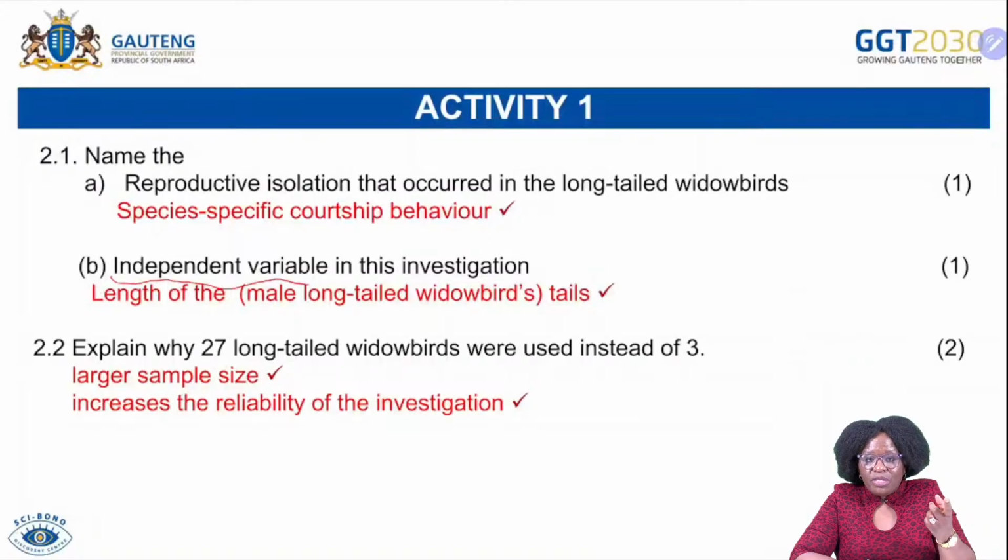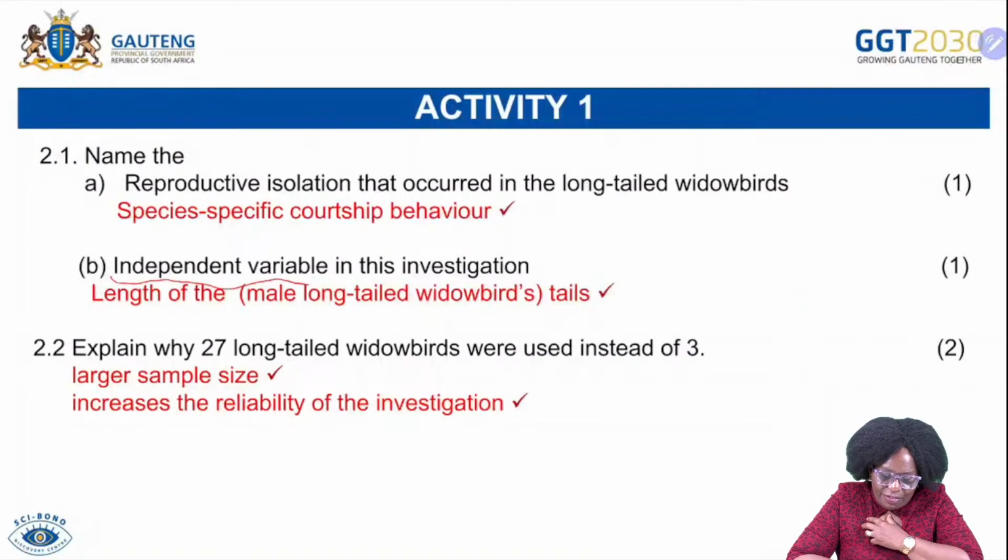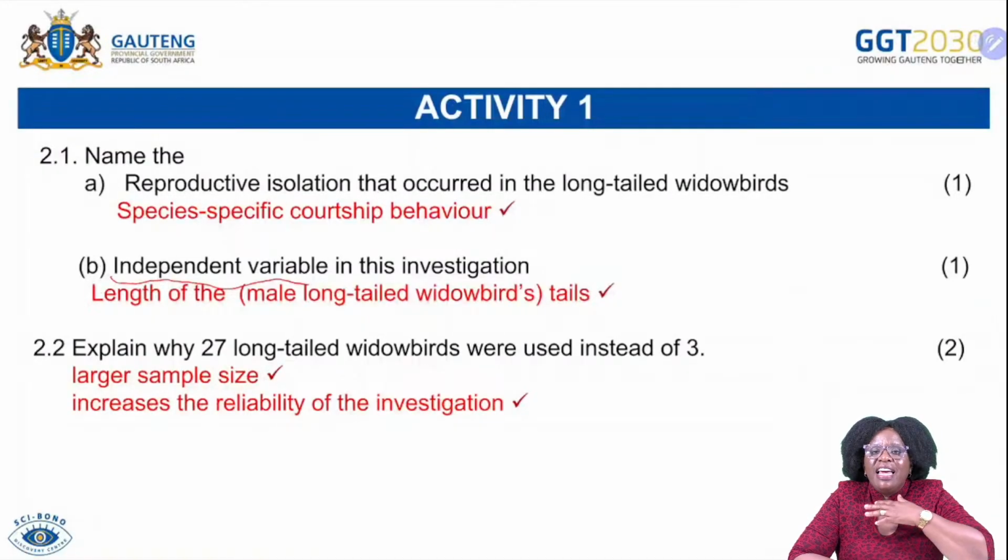The larger the sample size, the more reliable the investigation. Don't forget that. Or the lower the number, the less reliable the investigation. That is why generically, if you speak about reliability, it is to increase the sample size.